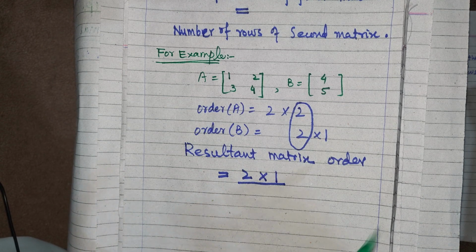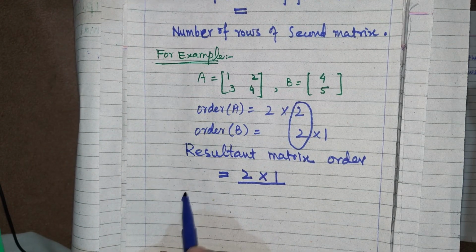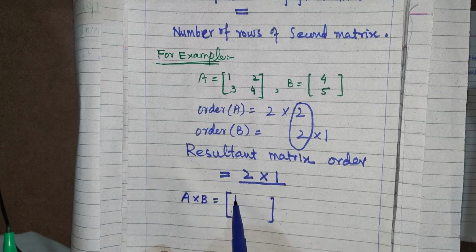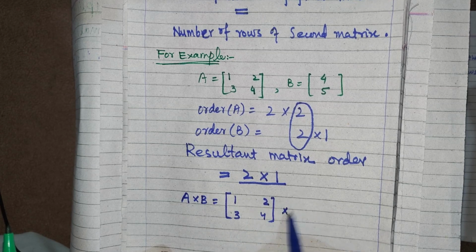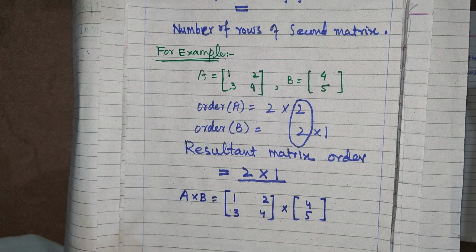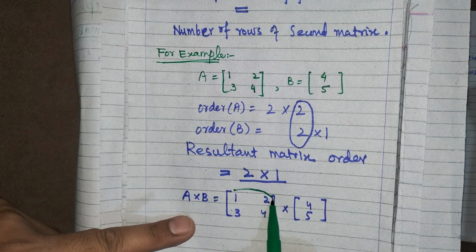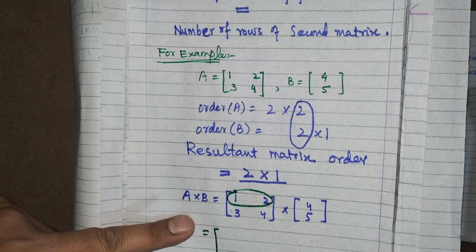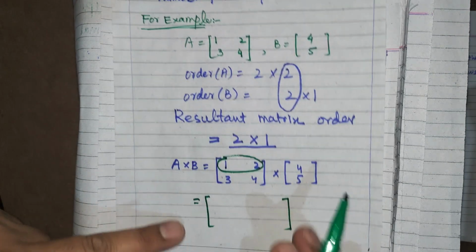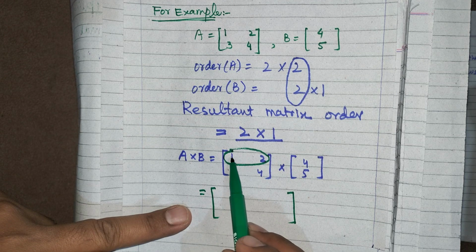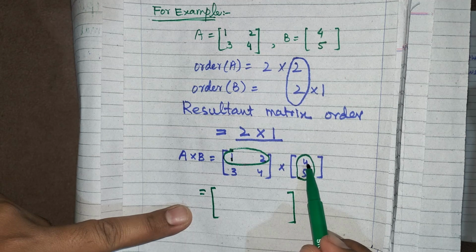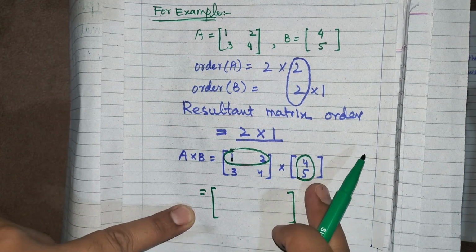For multiplication of two matrices, the process is A multiplied by B. The first row will be multiplied in such a way that the first entry of the first row is multiplied with the first entry of the first column of the second matrix.